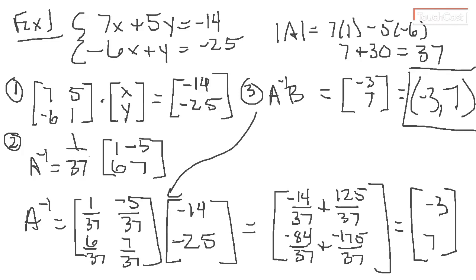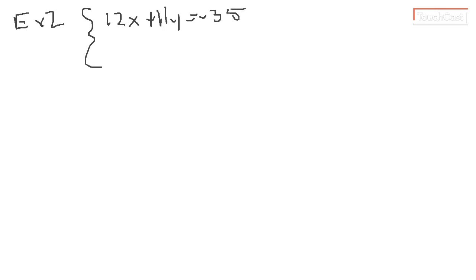Let's do a couple more examples. So example 2, we have the system 12x plus 11y equals negative 35, and negative 8x minus 5y equals 21.